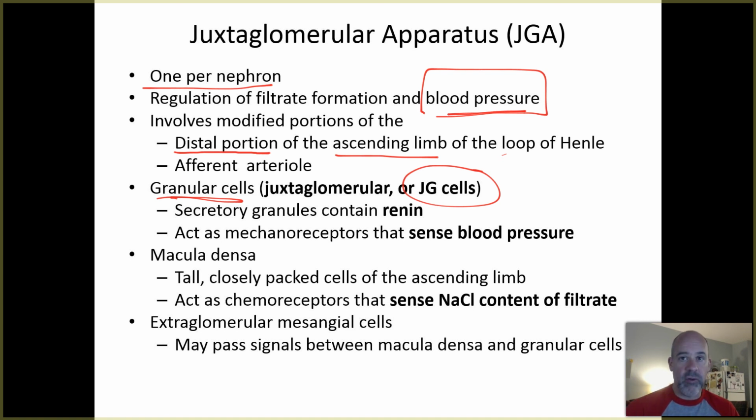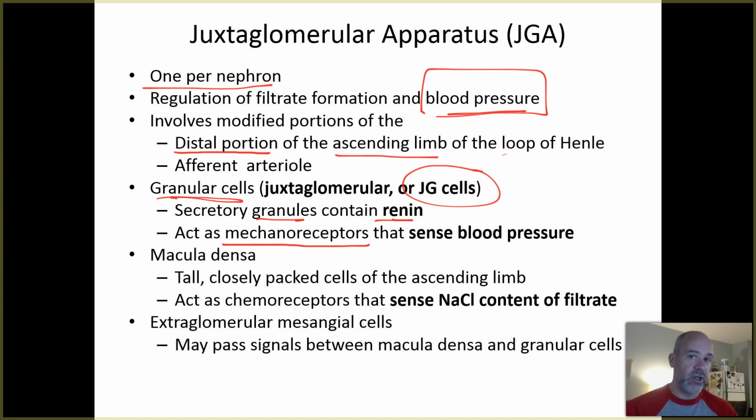Those cells contain granules. The name granular comes from the fact that, if you look at them under the microscope, they would look spotty on the inside. The granules are little storage compartments for renin, the good old renin that we heard about when you were learning about blood pressure, the renin-angiotensin story. Another thing these granular cells can do is function as mechanoreceptors.